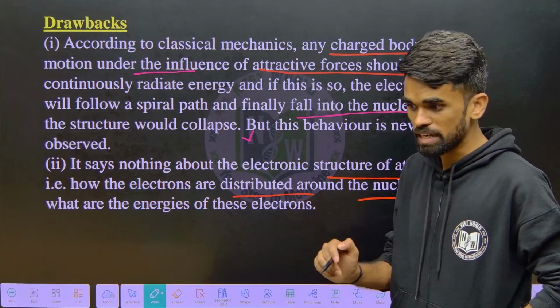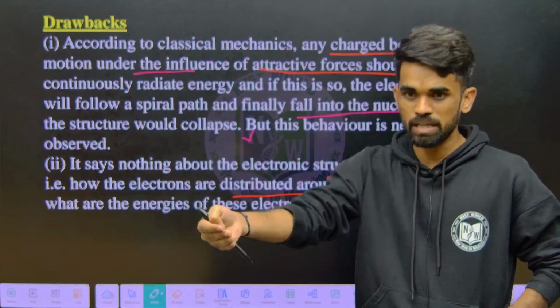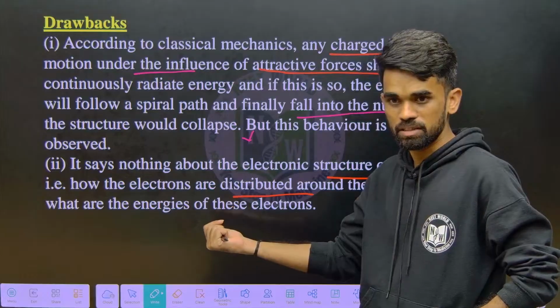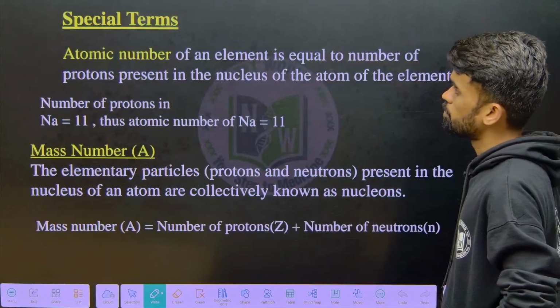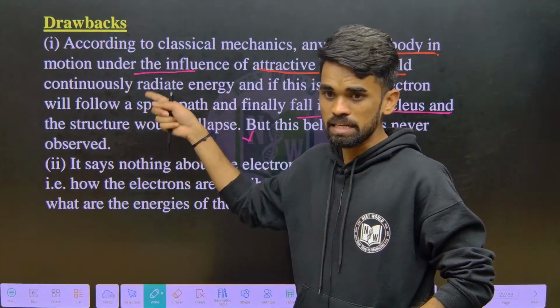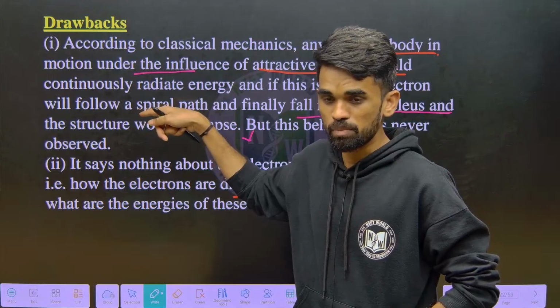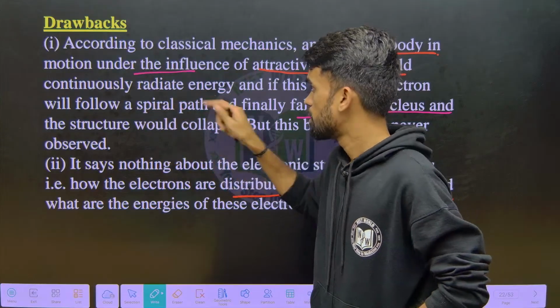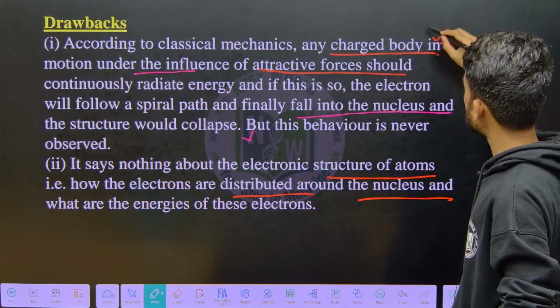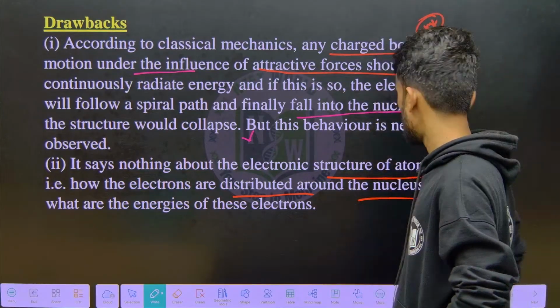We are now studying s orbital having this many electrons, p orbital having that many, but that distribution is not given here. To explain these things, the legend Bohr came with his explanation, Bohr's atomic model. We will study that. He considered this point as the main drawback and explained it in his atomic model.